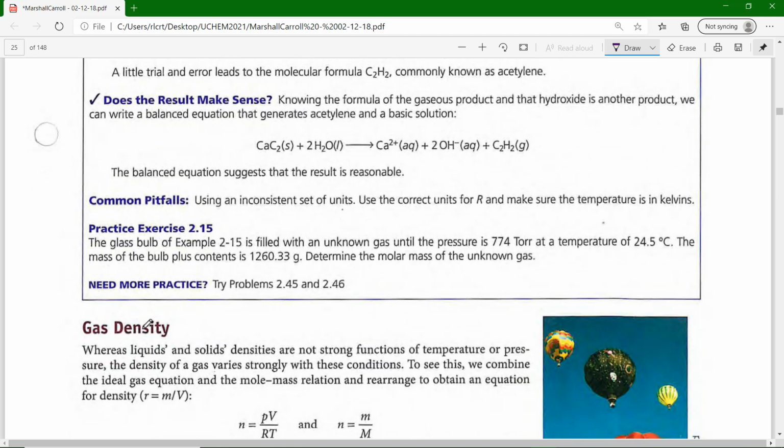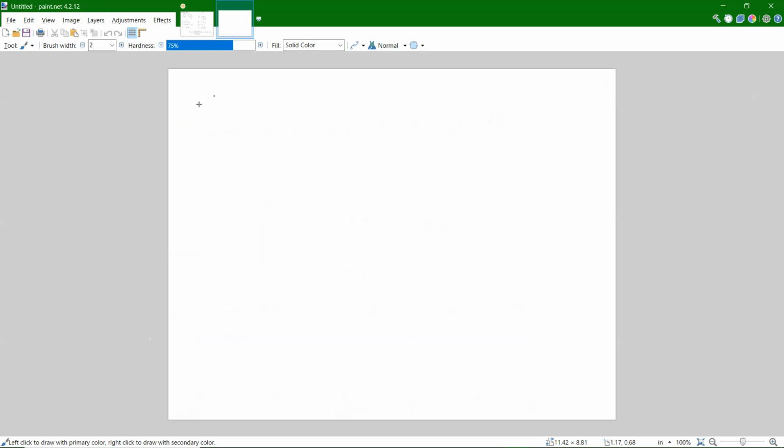So I'm going to go to Paint here and do a question from the end of the chapter, which apparently is going to be better. So let me jump to 2.45 on page 105. It's all about Freon.